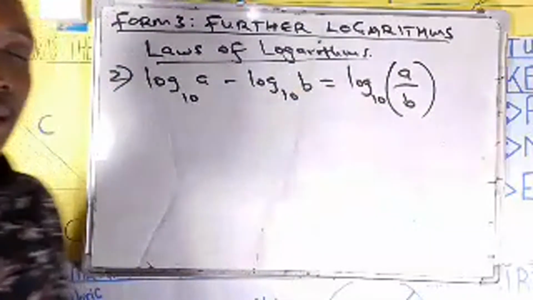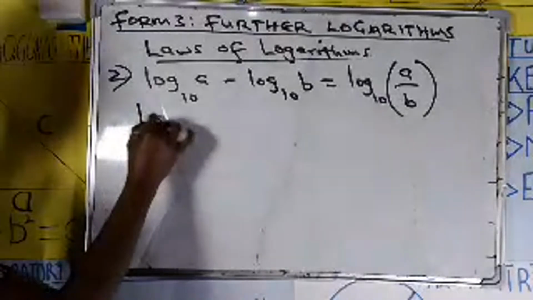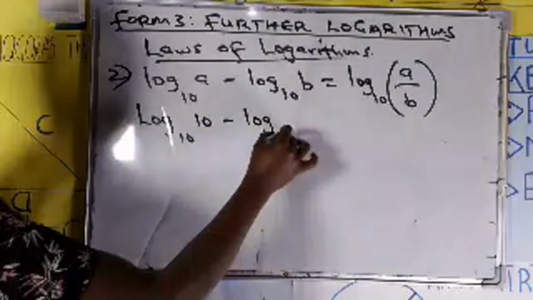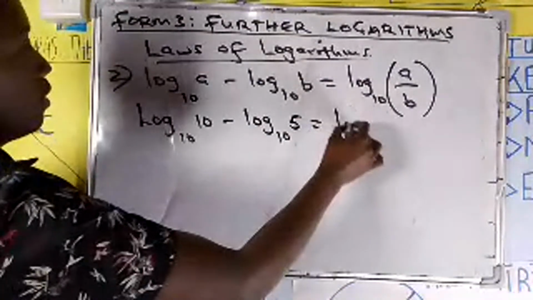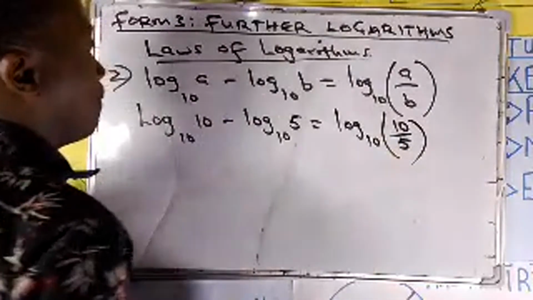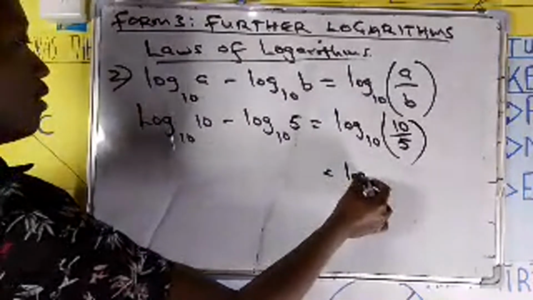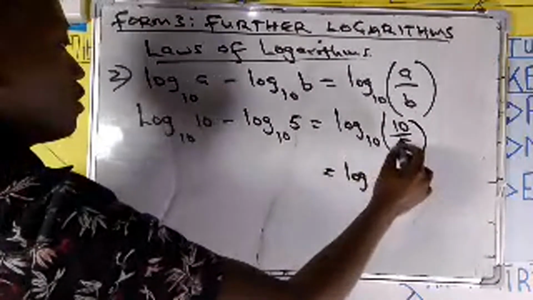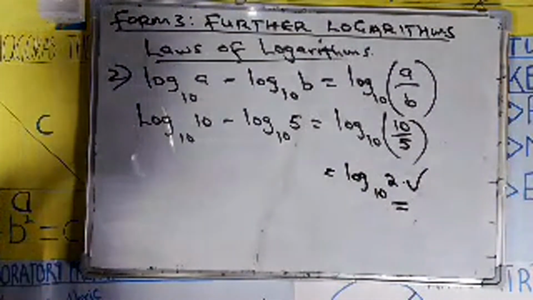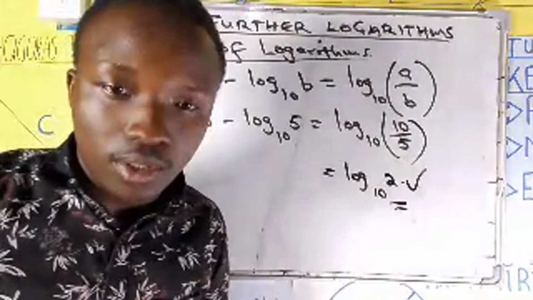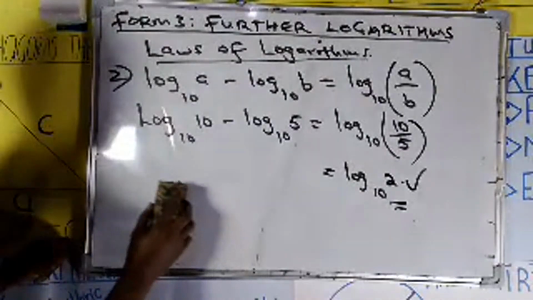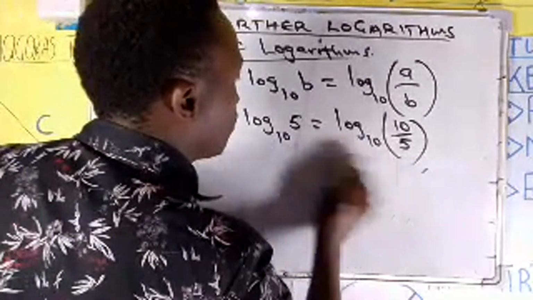So, logarithm to base 10 of 10 minus logarithm to base 10 of 5 is going to be logarithm to base 10 of 10 divided by 5. And once we do that, it will be equal to logarithm to base 10 of 2. That's just another example. Note them down very quickly.